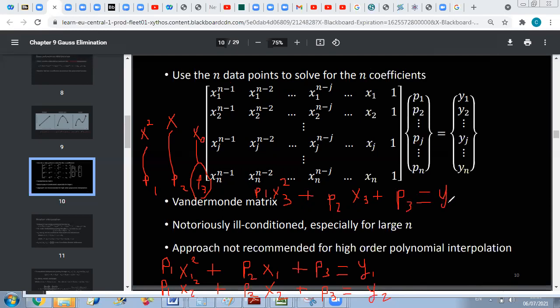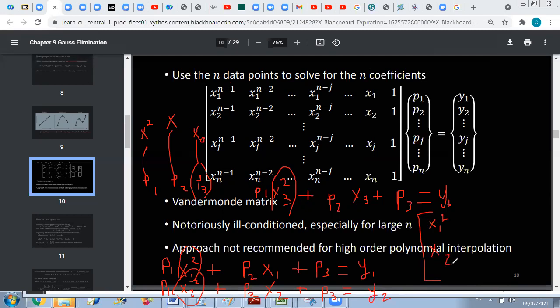Now if I want to put it in matrix form, what will be my matrix of coefficients? The first column is the coefficients multiplying P1. So the first element will be x1 squared, the second element will be x2 squared, the third element will be x3 squared.